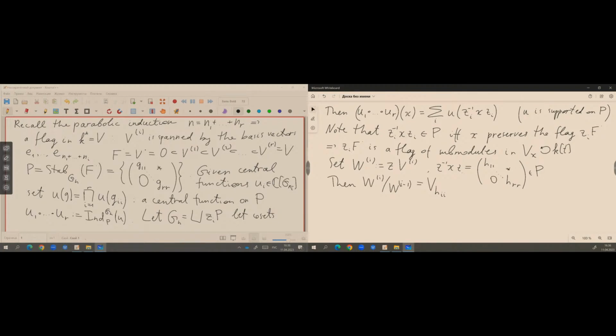Okay. So, well, the conclusion is that this whole composition of functions, the value at the conjugacy class mu.